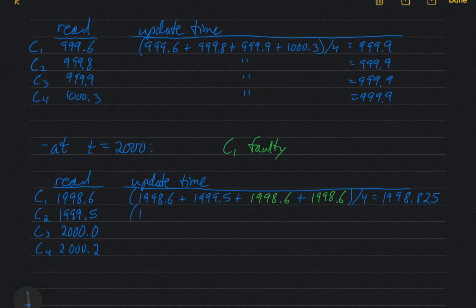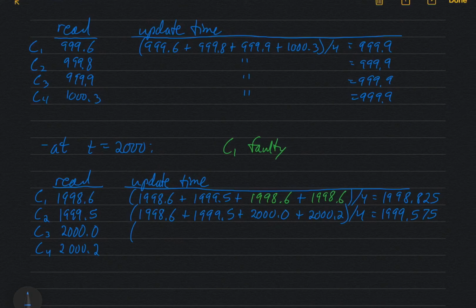We've got to do this three more times. So clock 2 will accept the time from clock 1. It's within epsilon. It will use its own time. And then clock 3 and 4's time is also within an epsilon of it. So it will use both of those. And we'll come up with an average of 1999.575. Okay, clock 3.